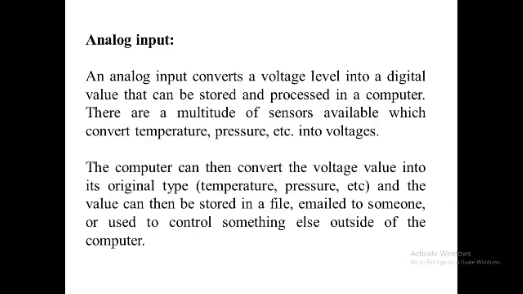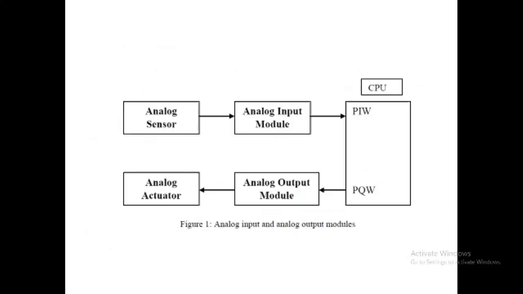The CPU processes the data and generates the digital signal that is converted into an analog output using the analog output module. This value is used to control a specific analog actuator. Basically, figure 1 and figure 2 illustrate the operation of the analog input and analog output modules. See this figure here.